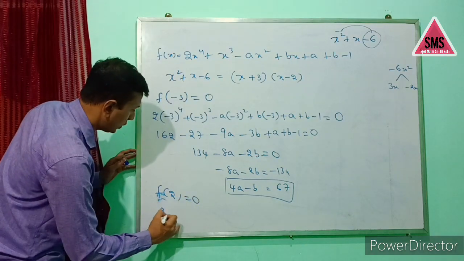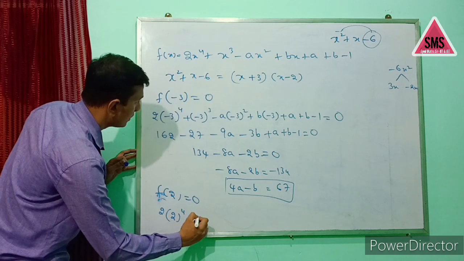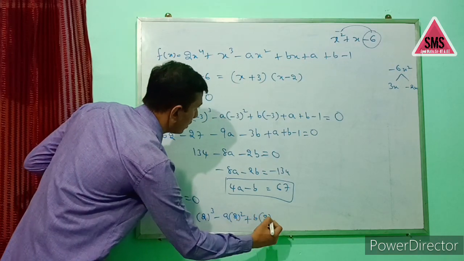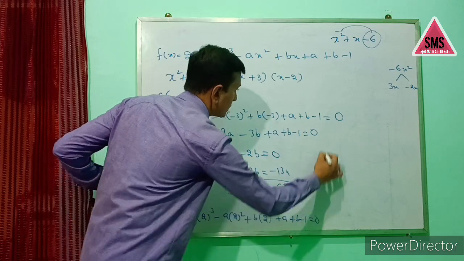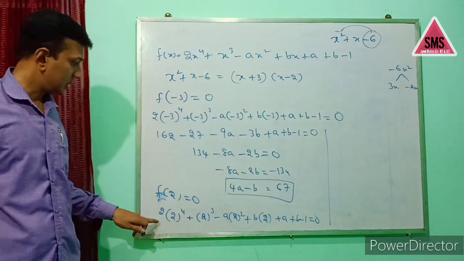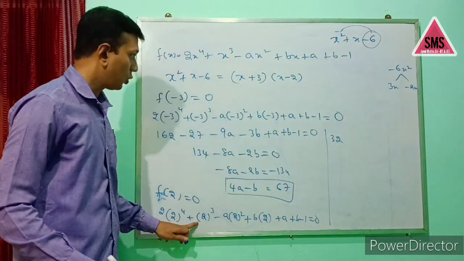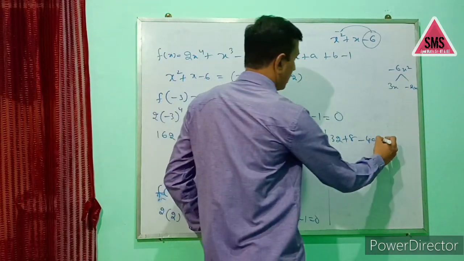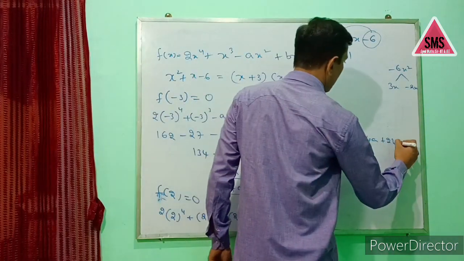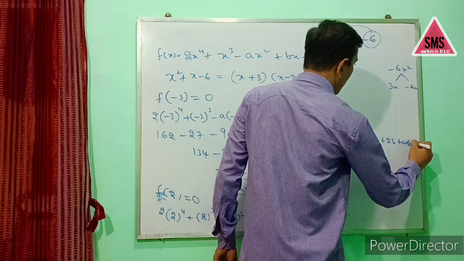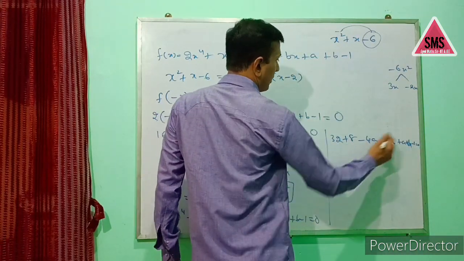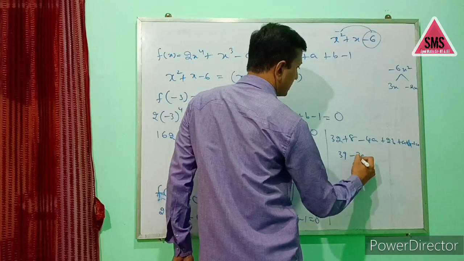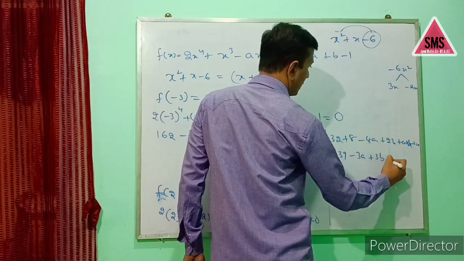So 2 into 2 power 4, 2 cube, 2 square, 2a plus b minus 1 equals 0. 2 power 4 is 16, 16 twos are 32. 2 cube is 8, 2 square is 4. So 32 plus 8 is 40, 40 minus 1 is 39, minus 4a plus a is minus 3a, 2b plus b is 3b, equal to 0.